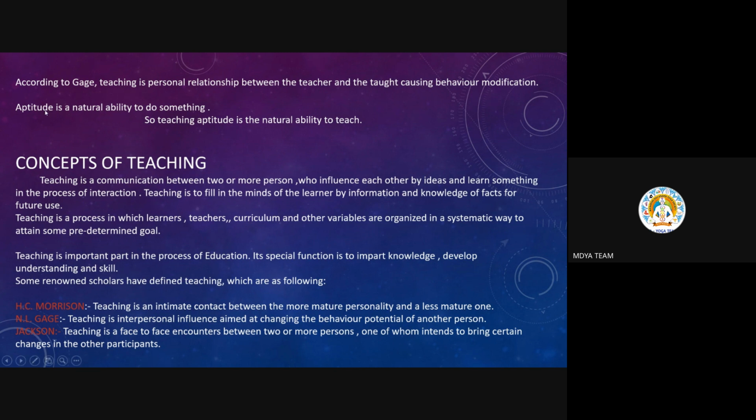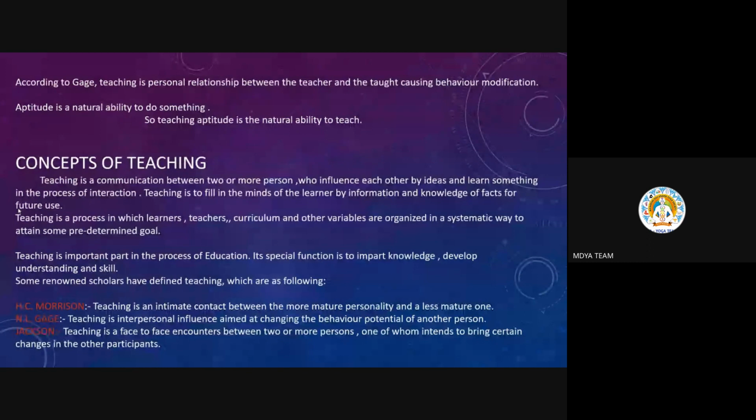And what is aptitude? Aptitude is a natural ability to do something, anything. We can use aptitude like mathematical reasoning aptitude or numerical aptitude. So aptitude is the ability to do something, and when we add the two words, teaching aptitude is the natural ability to teach.